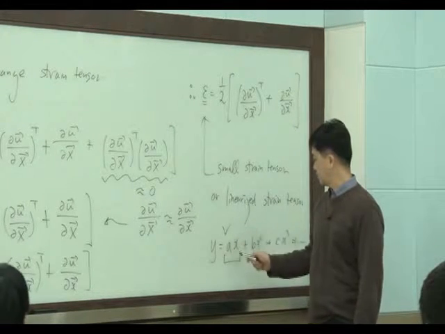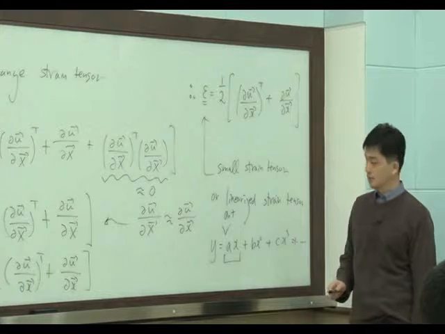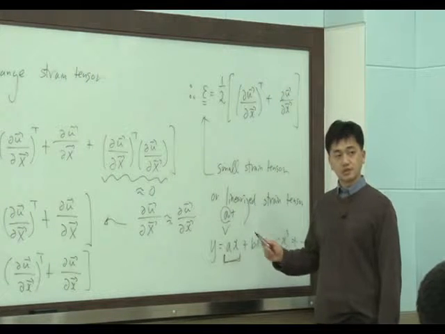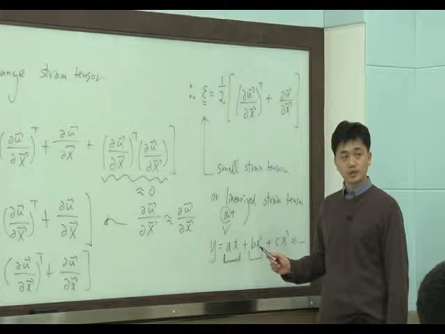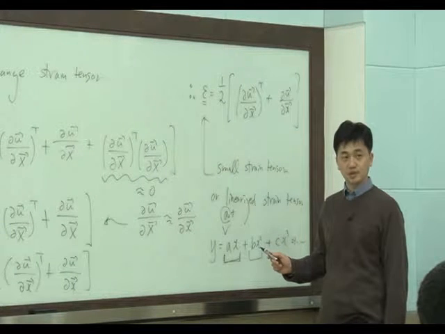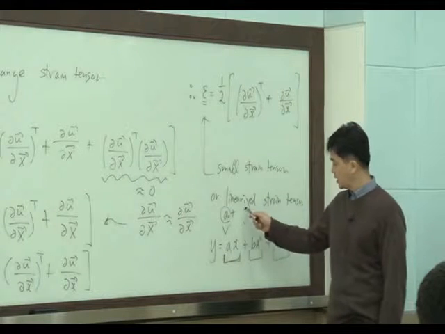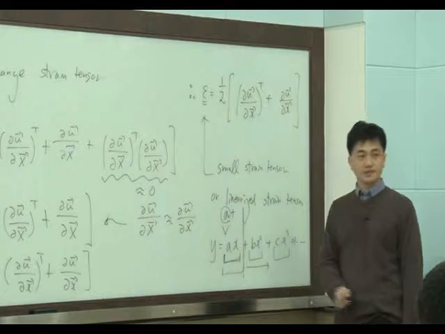You can have a0 here also, a constant term, right? This is a linear term. This is a square term. This is a cubic term. So we are saying this is linear, and this is nonlinear.